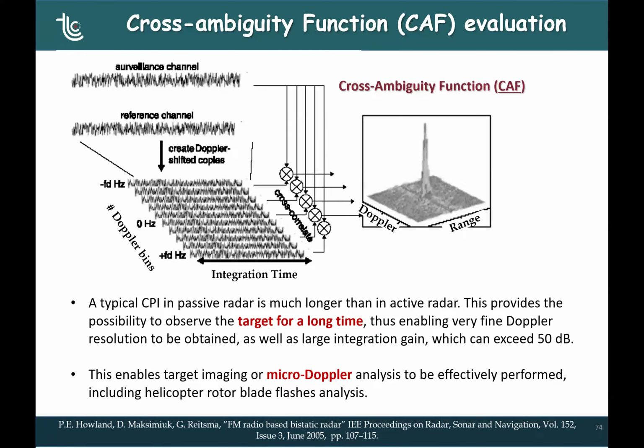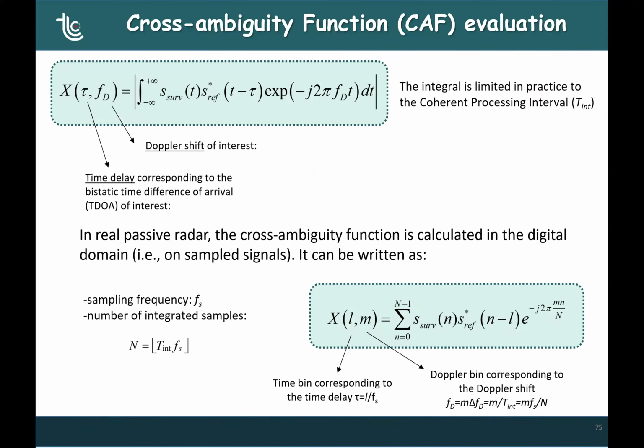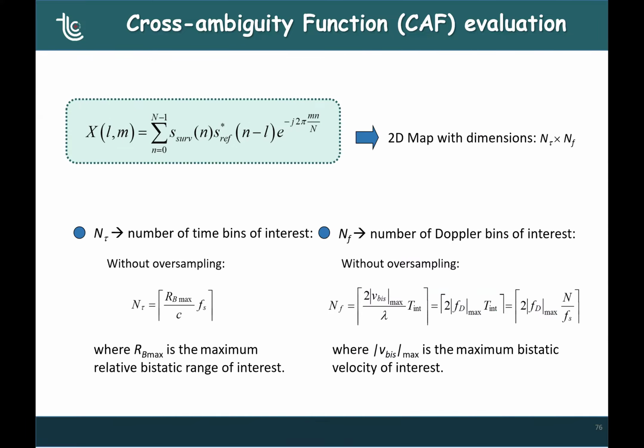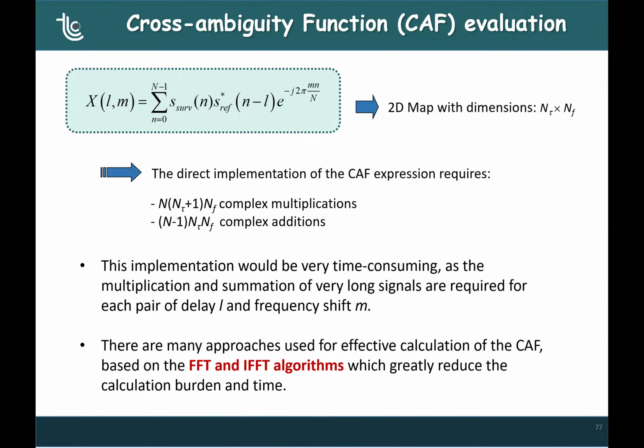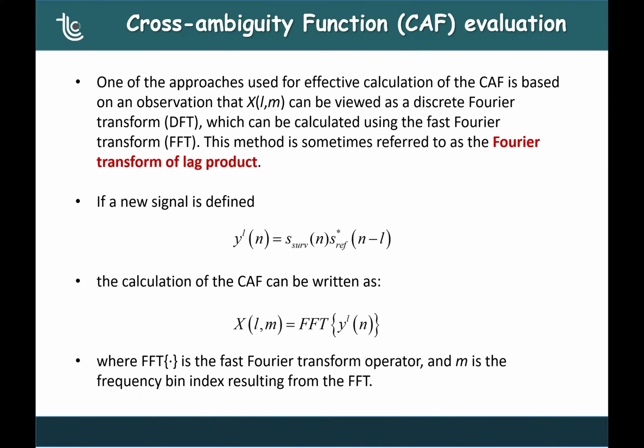First of all, the calculation of the cross-ambiguity function. And since the integration time is quite long, there are many operations that we need to do, and then we need to find an efficient way to implement the cross-ambiguity function calculation. And we have seen mainly two algorithms.